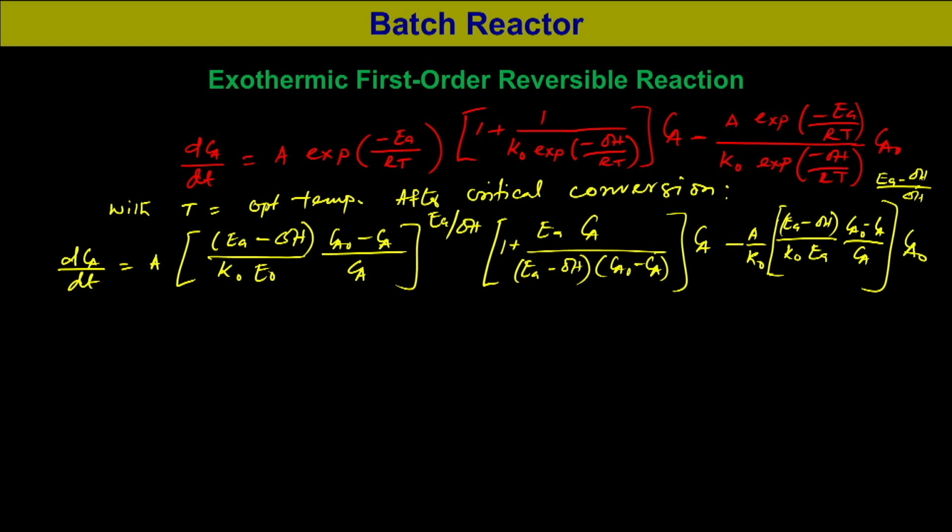So, this is the relation if we consider T as the optimum temperature, and then we can substitute T optimum over here in this relation. So, dCA dt we would obtain like this.